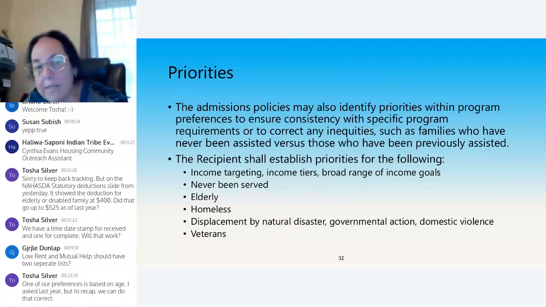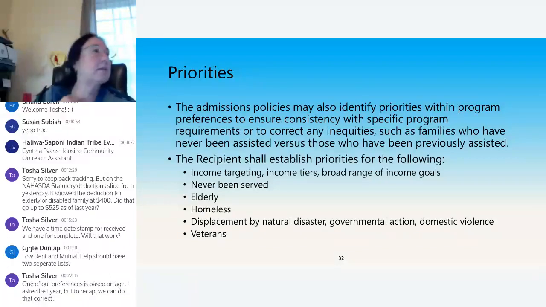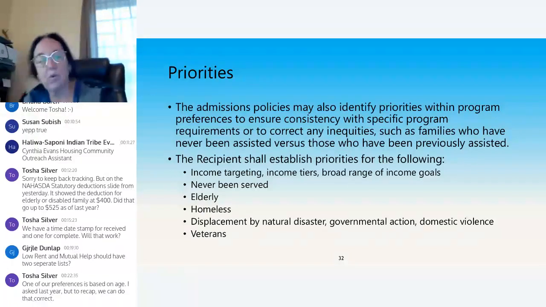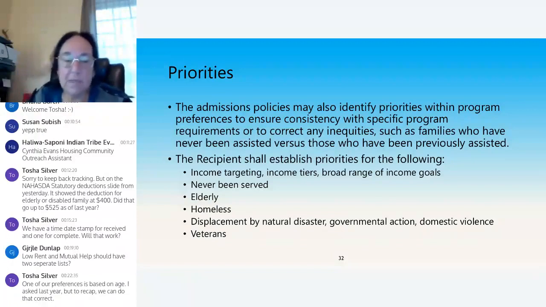So your priorities: the admission policies may also identify priorities within program preferences to ensure consistency with specific program requirements or to correct any inequities, such as families who have never been assisted versus those who have been previously assisted. The recipient shall establish priorities for the following: income targeting, income tiers, broad range of income goals, never been served, elderly, homeless, displacement by a natural disaster, a governmental action, domestic violence, or veterans.